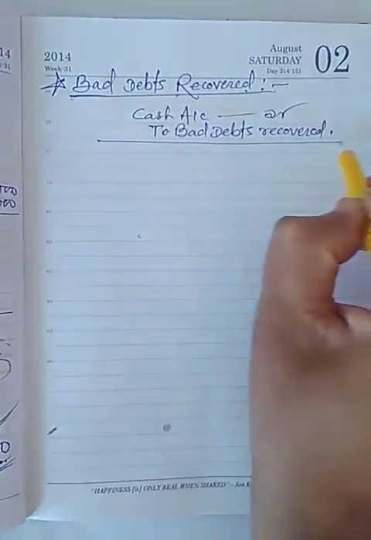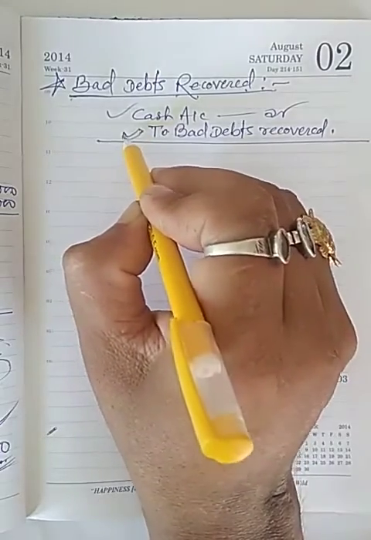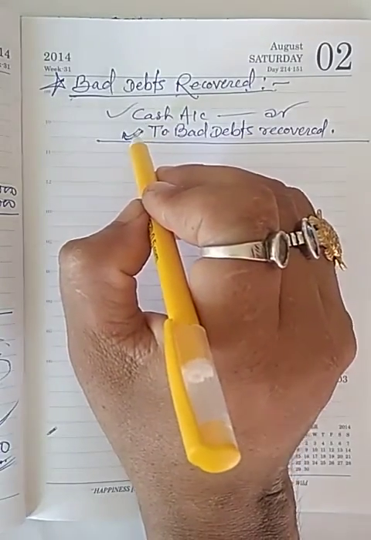So the journal entry will be cash account DR to bad debt recovered account.